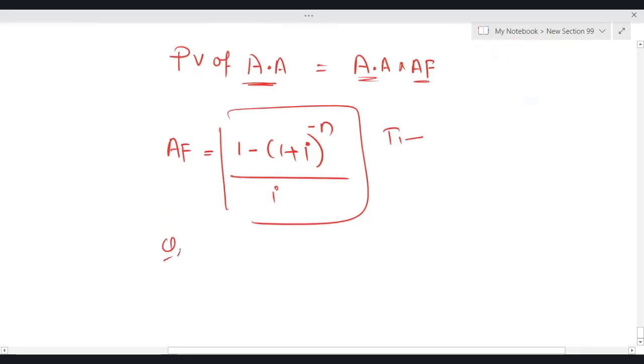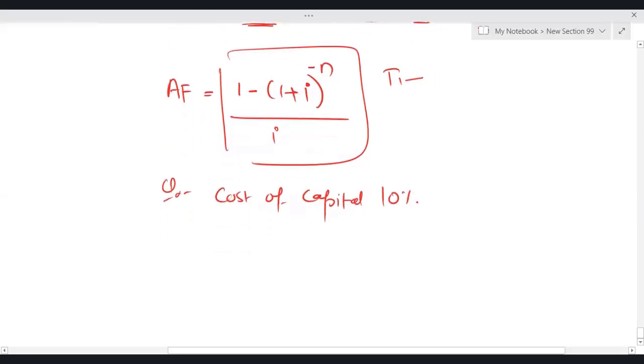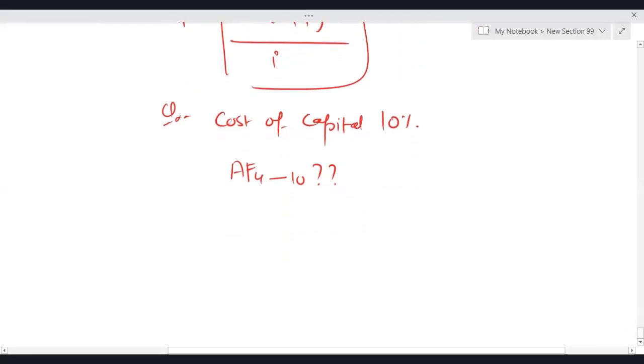Now, for example, if the cost of capital is 10%, and we need the annuity factor from year 4 till 10. How do we calculate? It's very simple. First, we calculate the annuity factor from 1 till 10.